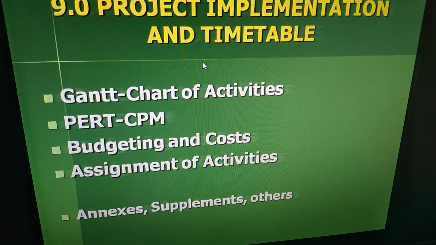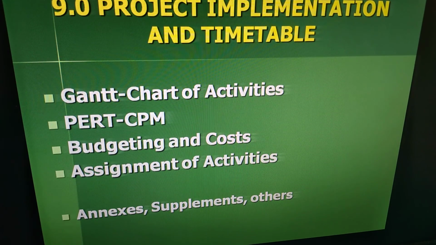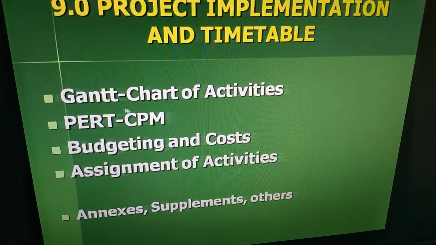And then project implementation and timetable. How soon can you implement, how soon can you finish everything from startup to the establishment or operation. So a Gantt chart of activities is accepted, or the PERT CPM, budgeting and cost, assignment of activities.